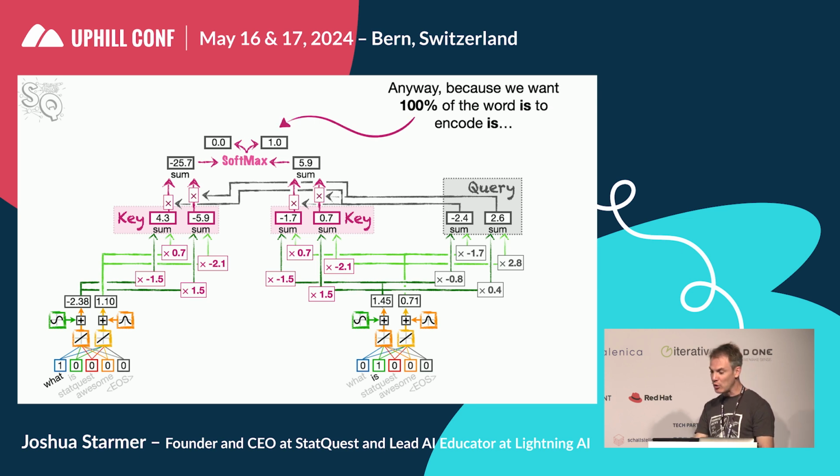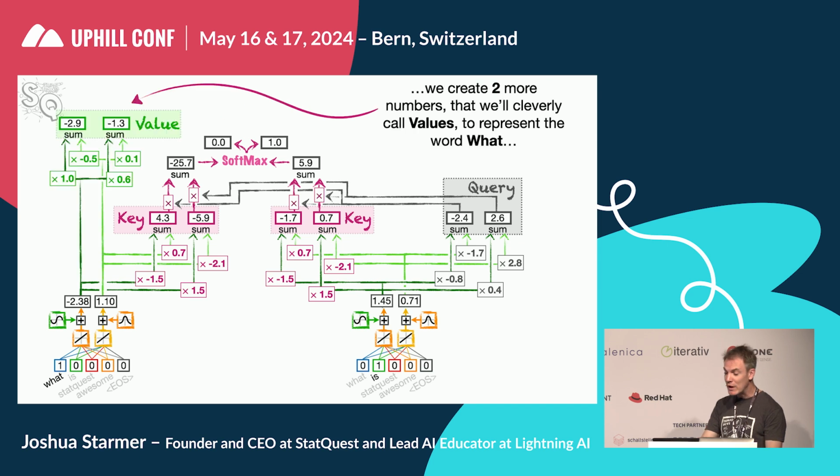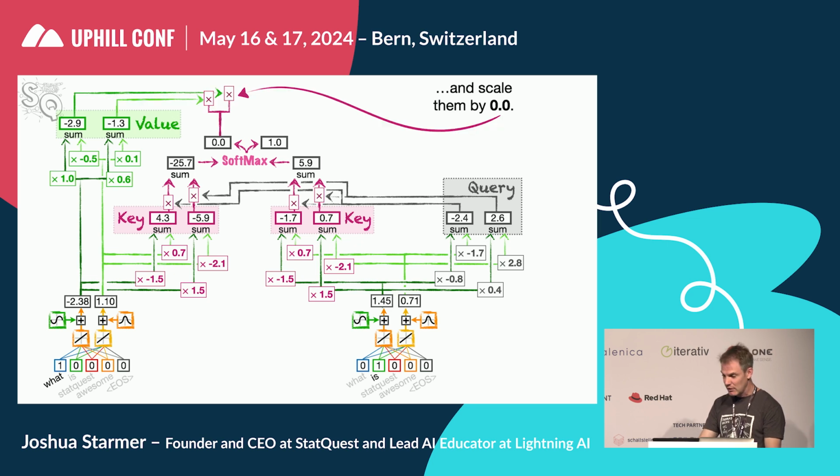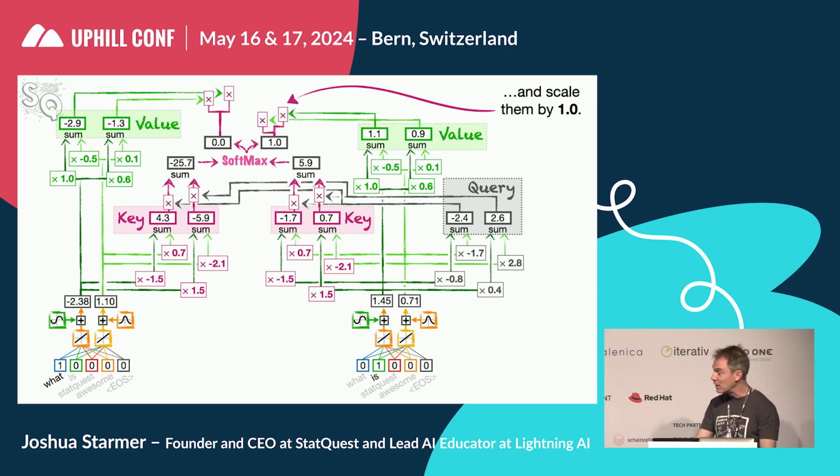Anyway, because we want 100% of the word "is" to encode "is," and 0% of the word "what" to encode "is," we create two more numbers that we'll cleverly call values to represent the word "what," and scale them by 0.0, and then we create two value numbers to represent the word "is," and scale them by 1.0.